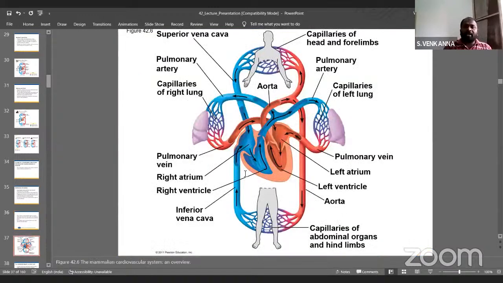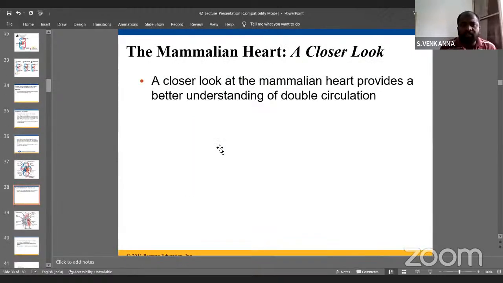So this is the pumping of the atrium in human beings. See this clearly, the superior vena cava, which collects blood from the head and neck, and the capillaries of the head and forelimbs here. The pulmonary artery and capillary arteries show the heart structure, four chambers in total, one and one, and one and one. Next, the mammalian heart.